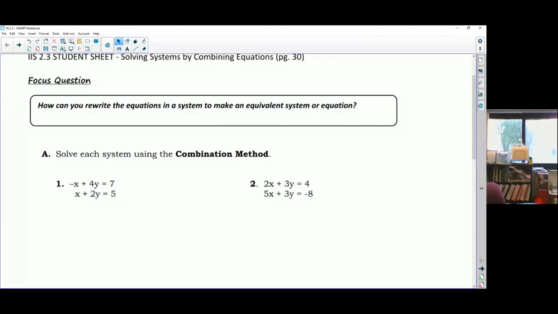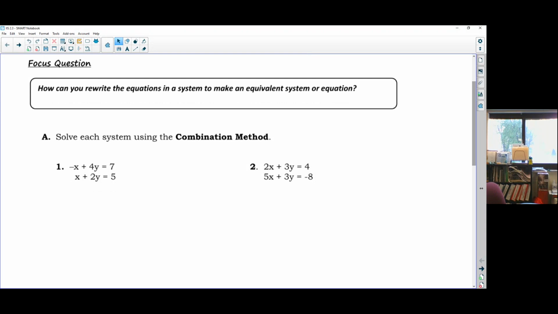All right. So today we get into the last method of solving the system, what we call combination or elimination. This is the second method that we use solving things algebraically.